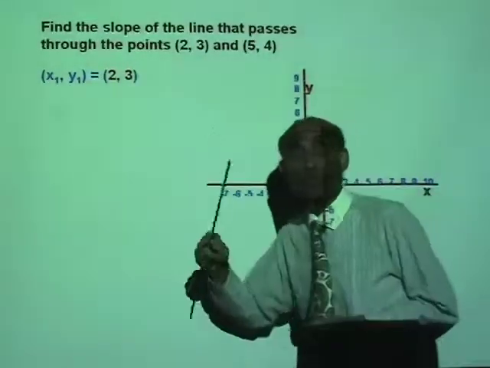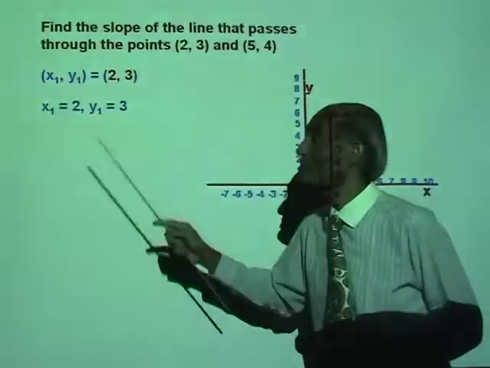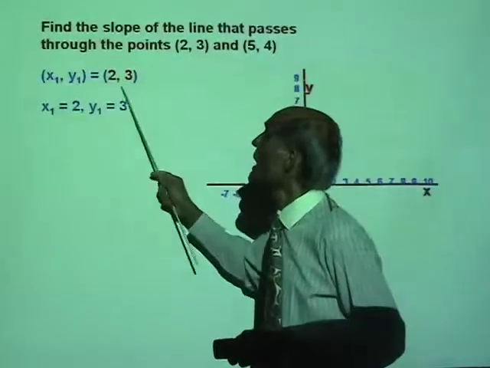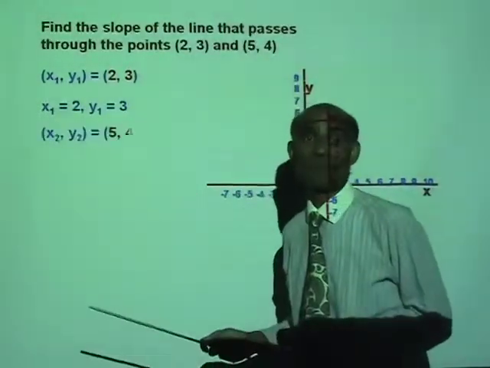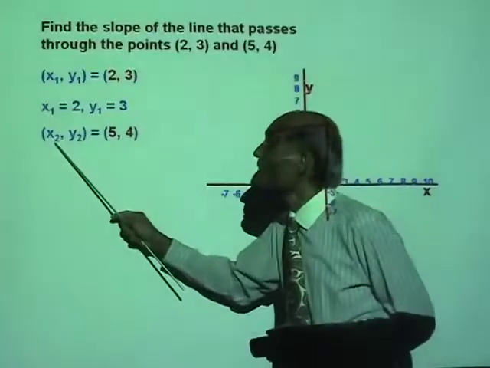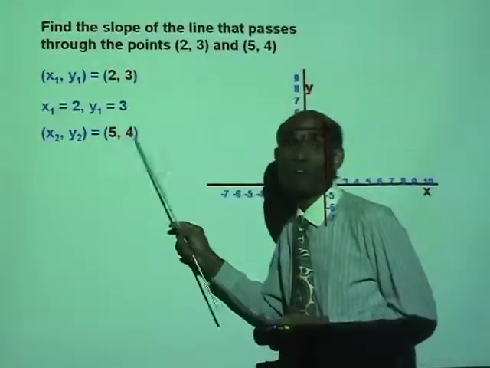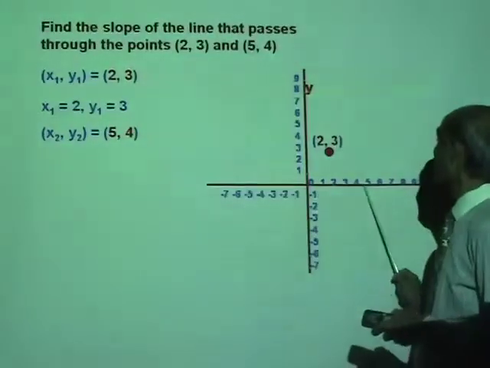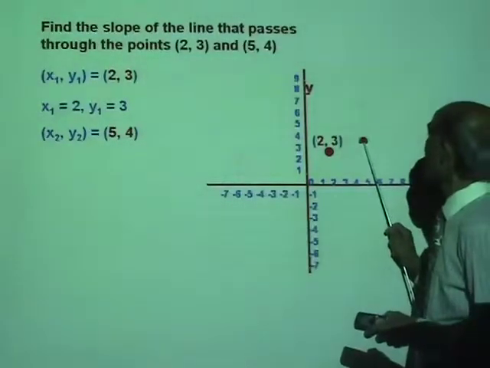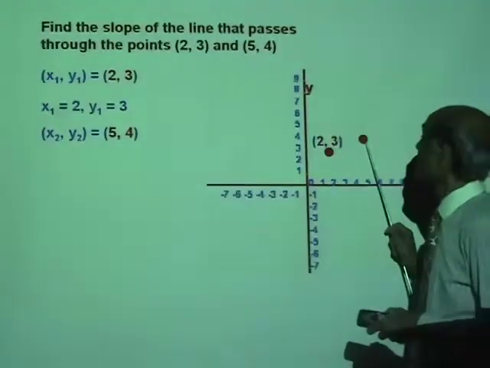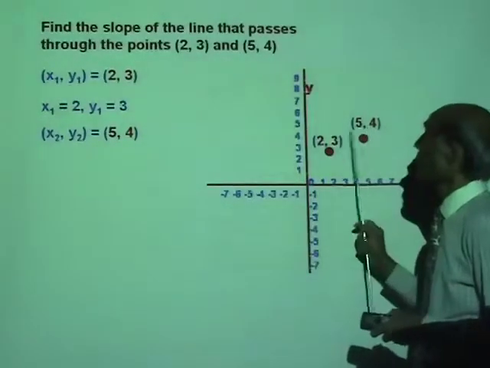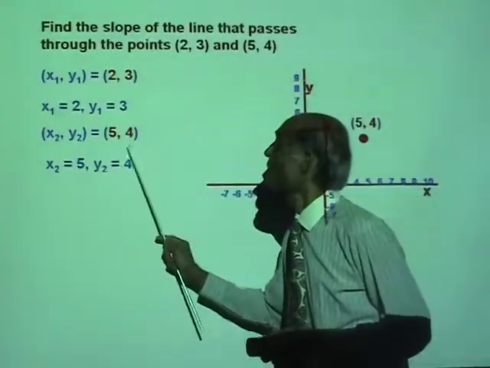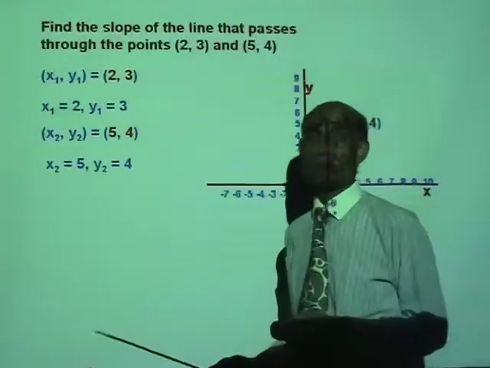And the second point we call x2, y2. The second point x2, y2 equal to (5, 4). Can you mark that? x equal to 5, y equal to 4 is here. It means your x2 equal to 5 and y2 equal to 4.